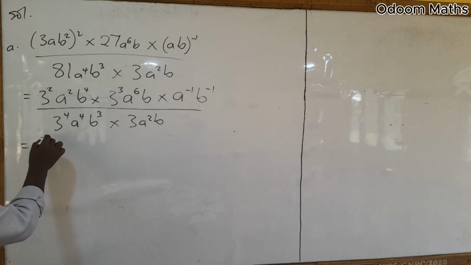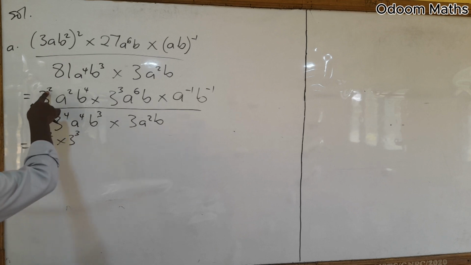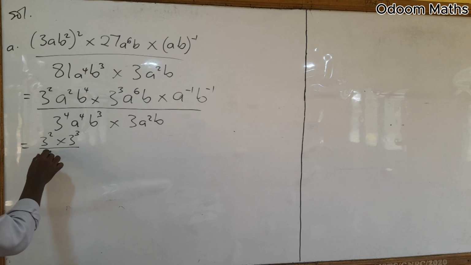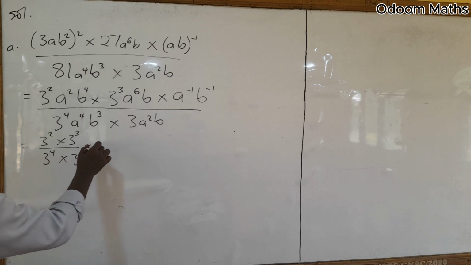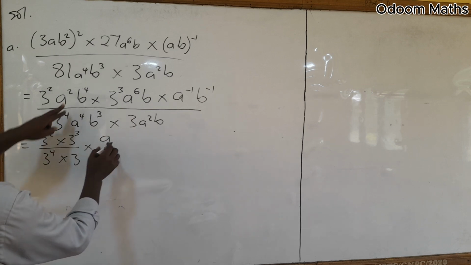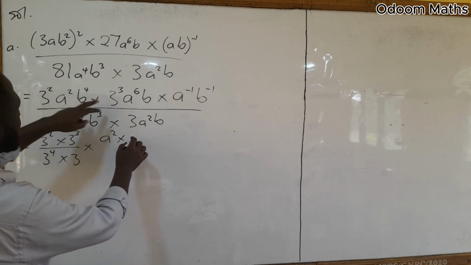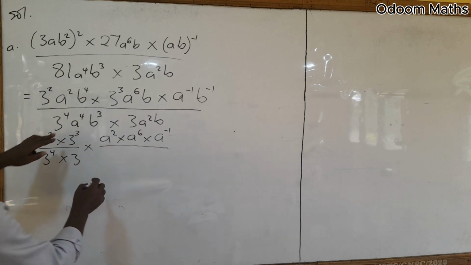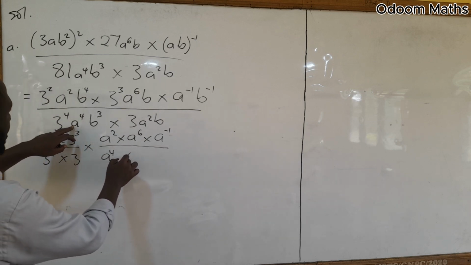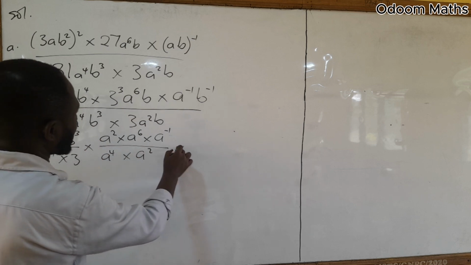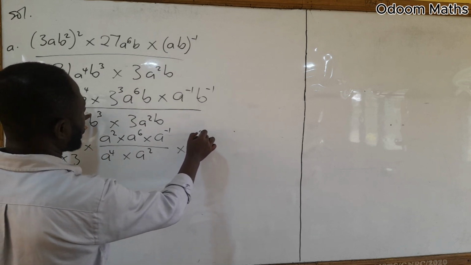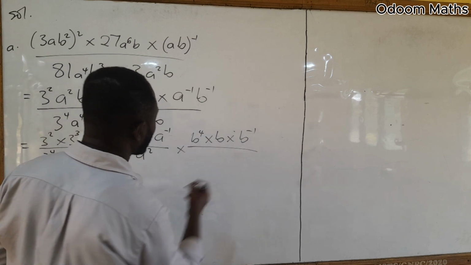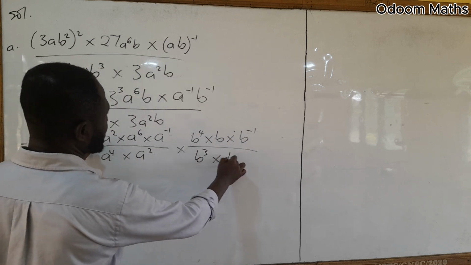So 3 to the power 2 times 3 to the power 3, divided by 3 to the power 4 times 3, then a to the power 2 times a to the power 6 times a to the power negative 1, over a to the power 4 times a to the power 2, then b to the power 4 times b to the negative 1, divided by b to the power 3 times b.